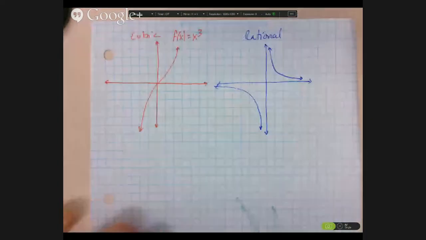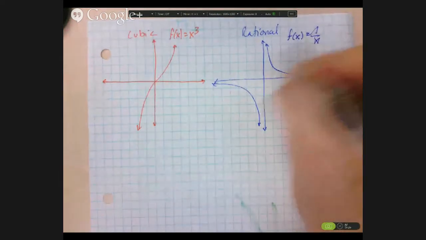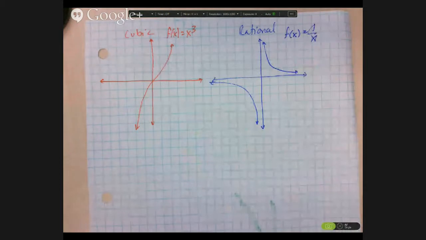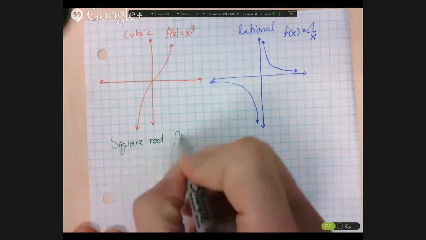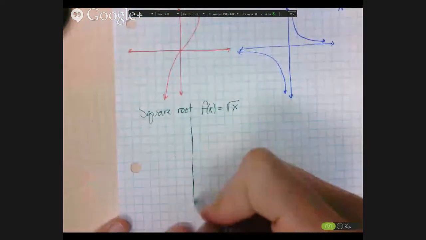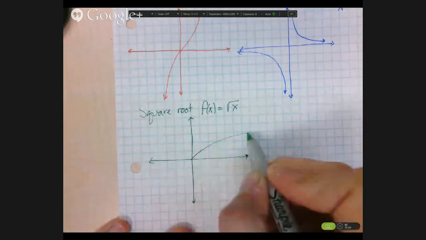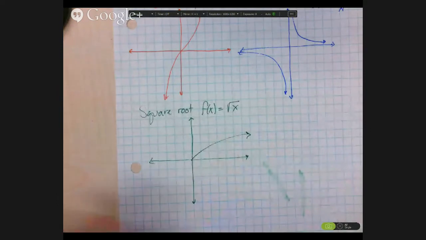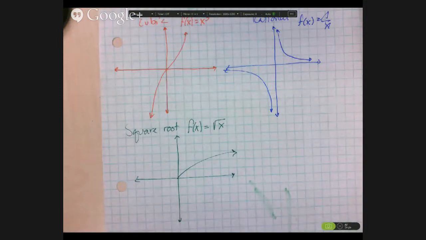Okay, that's rational, means it's a fraction. So 1 over x. What else is there? Square root. You know what constant, linear, and absolute value are. I gave you greatest integer and quadratic, so I think we're good to go.